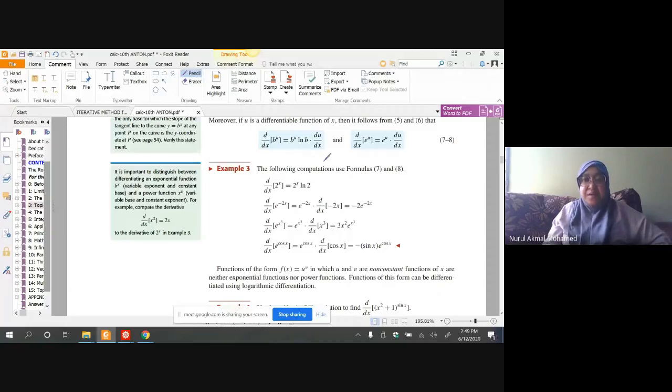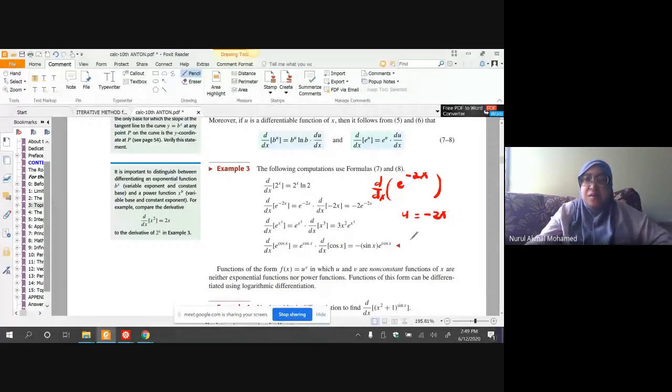For the second one, we have e to the power of negative 2x. So we have to find the derivative of this. You have to denote u as negative 2x.